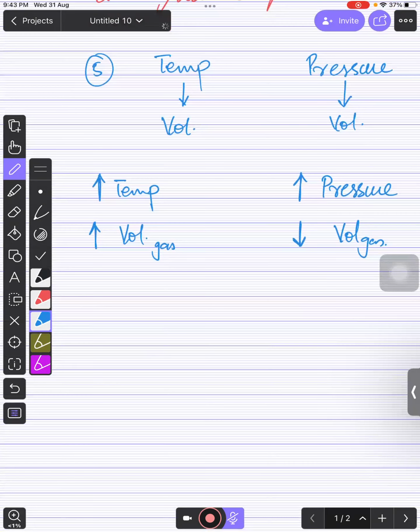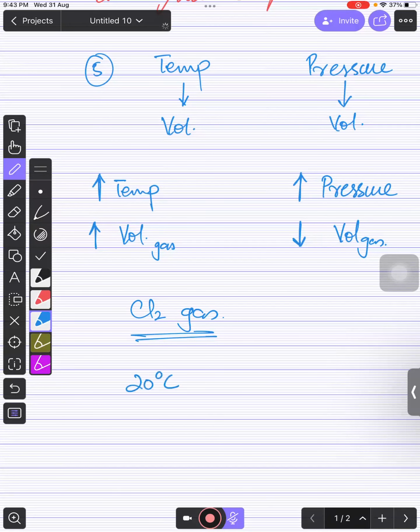If you talk about the example of this, bacho, so the example will be like this. For example, if you have chlorine gas, so at 20 degrees centigrade and at 40 degrees centigrade, you need to keep remember the same amount of chlorine gas. For example, if you have 1 mole, or any amount of chlorine, right? I'm not using the word amount right now, not even volume, not even mass, not even moles.